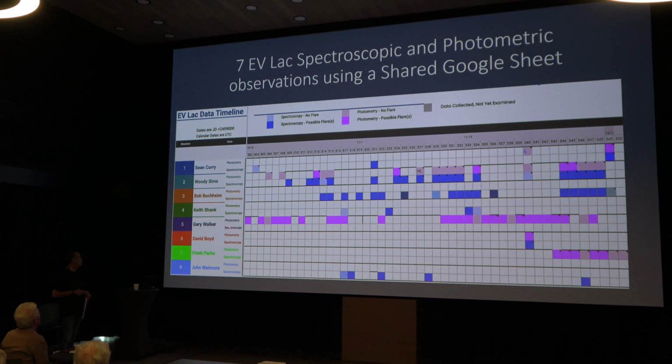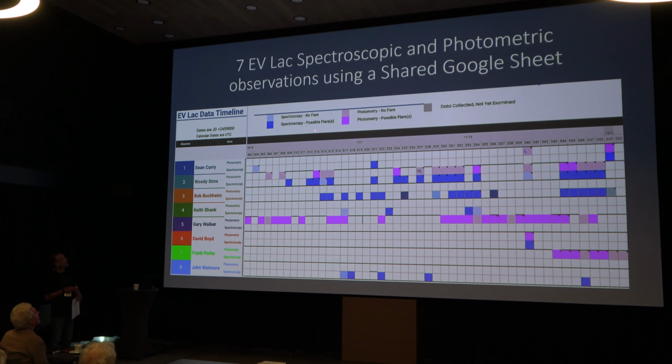Some of the guys will cover photometry as well. I don't do photometry. I just do the spectroscopy, and it gets recorded. This is something that Sean Curry, who writes some of the software, has written: a guide to spectroscopic and photometric observations.